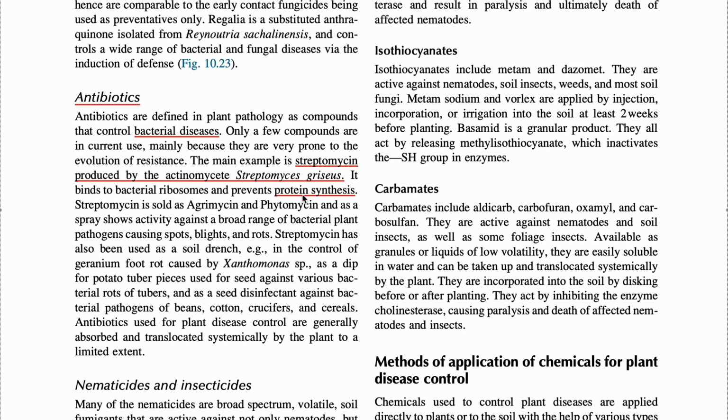Now here comes again the mode of action. Even in antibiotics, there are several modes of action. There are various groups called beta-lactams, tetracyclines, and neomycin. Many are there. Streptomycin, if I'm not wrong, will come under polyglycosides.